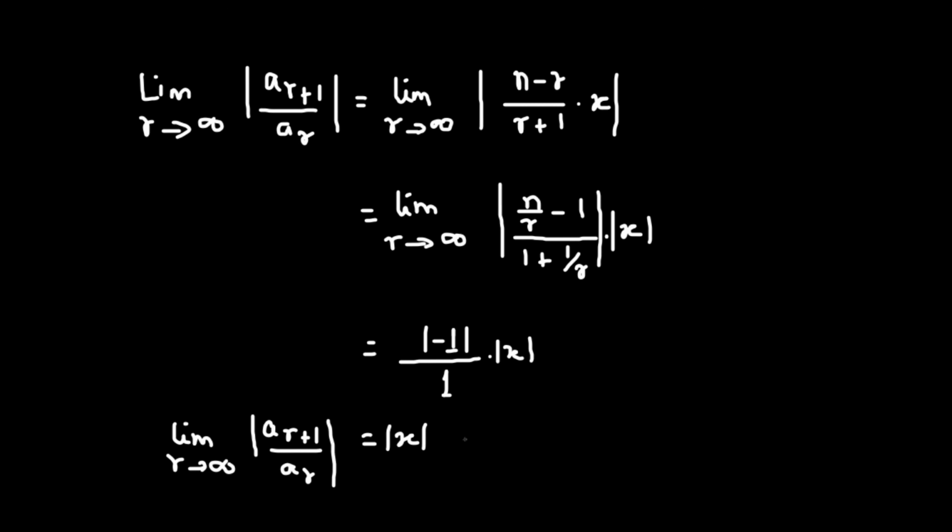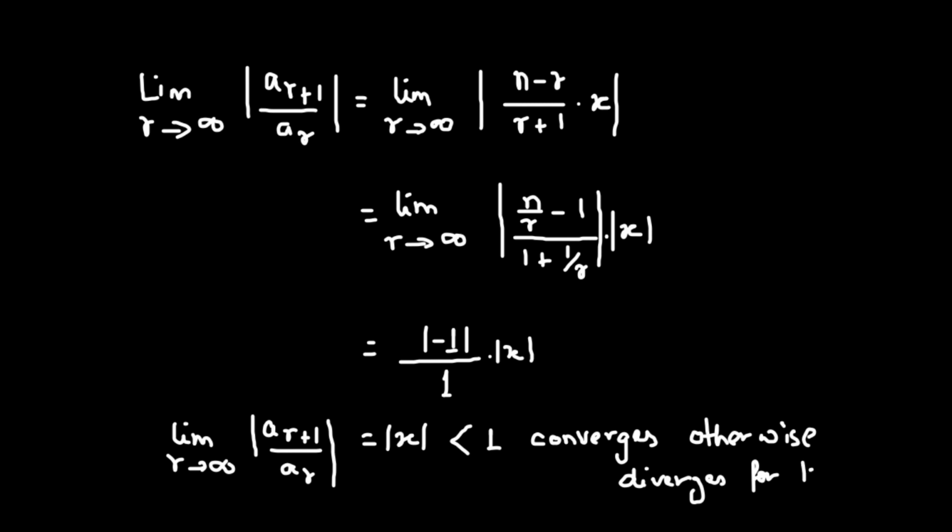Now we know that the series is going to converge when mod of x is less than 1. Then only it's going to converge. Otherwise it diverges for mod of x greater than 1. So we have the radius of convergence, which is the absolute value of x less than 1.